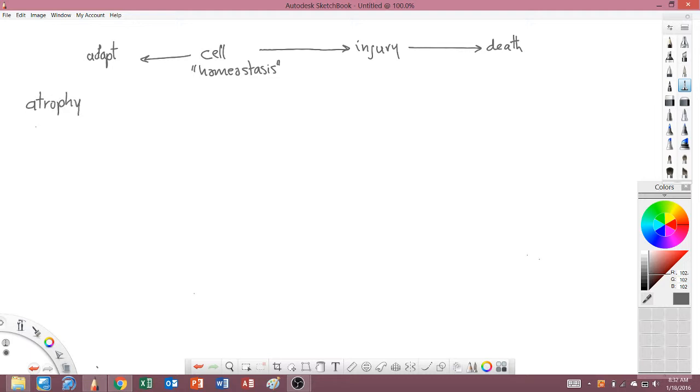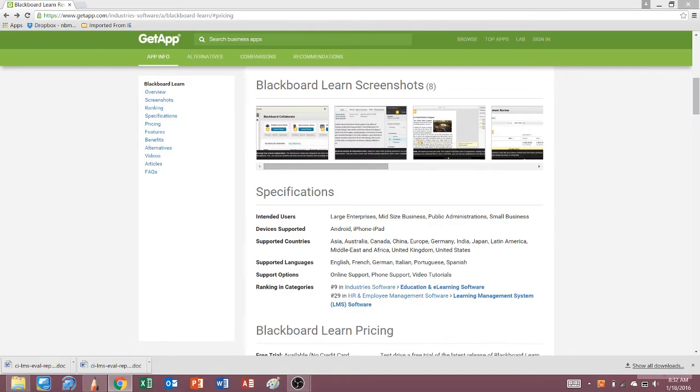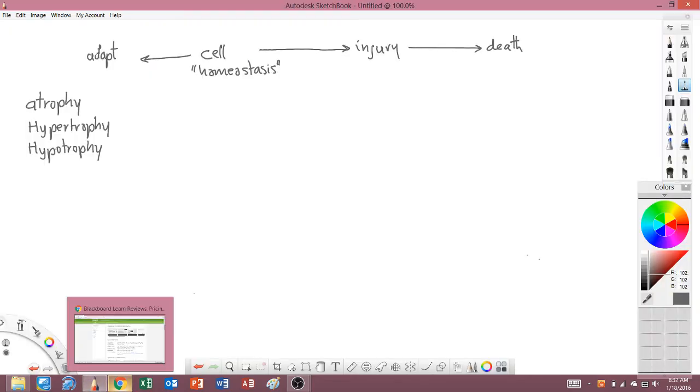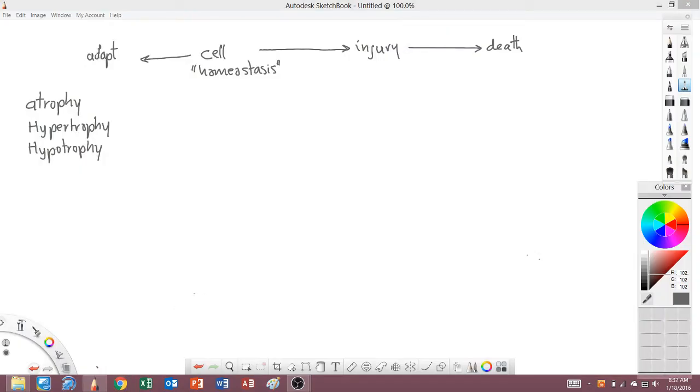If there's atrophy, there should be hypertrophy, right? If there's hypertrophy, there should be hyperplasia.